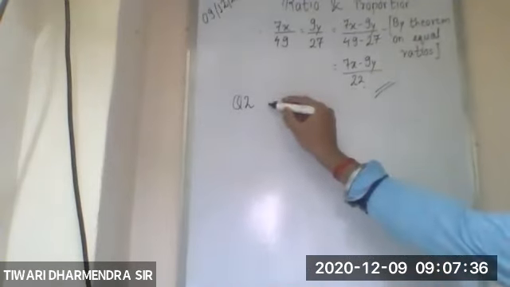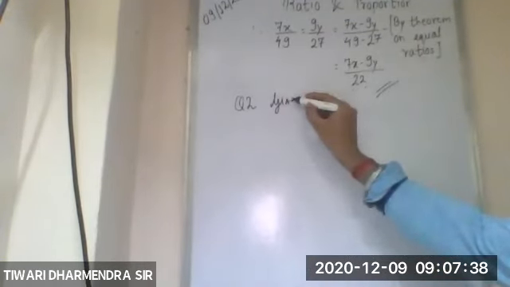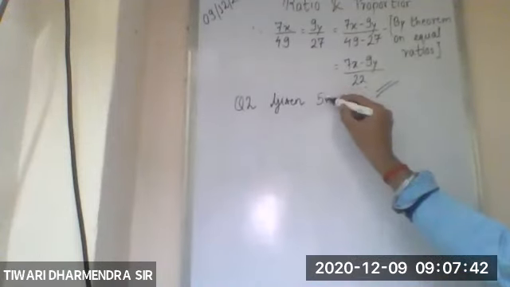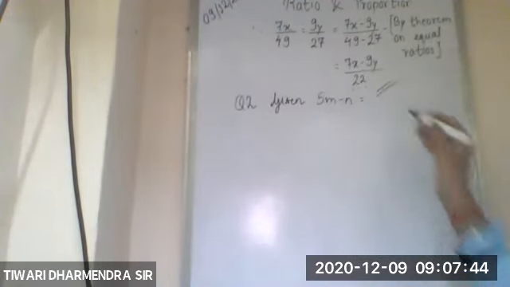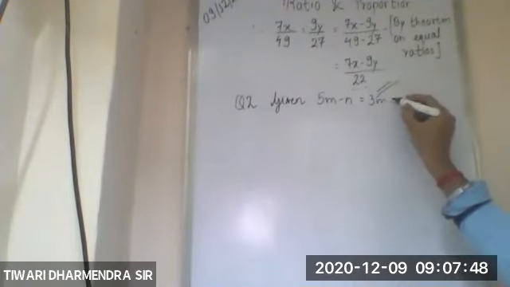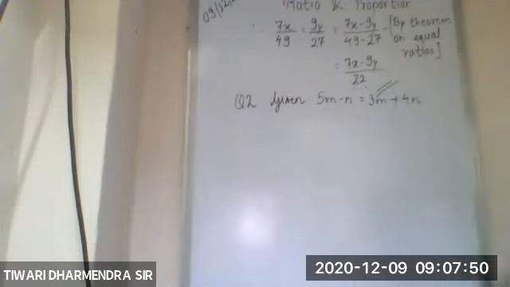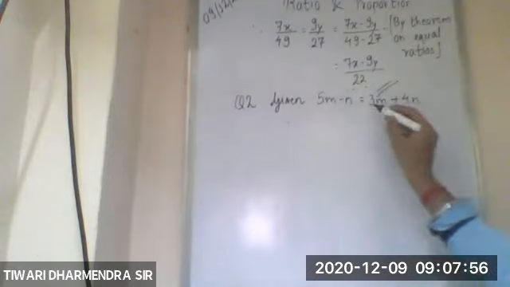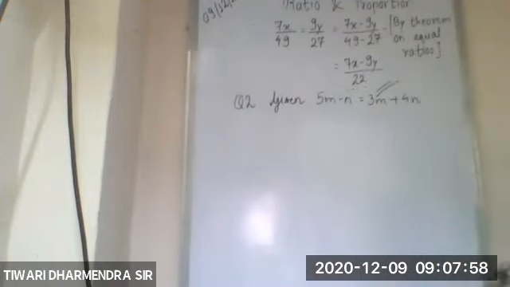Question number 2, given 5m minus n is equal to 3m plus 4n. Now, what we need to do? We need to take the terms of m together and terms of n together.